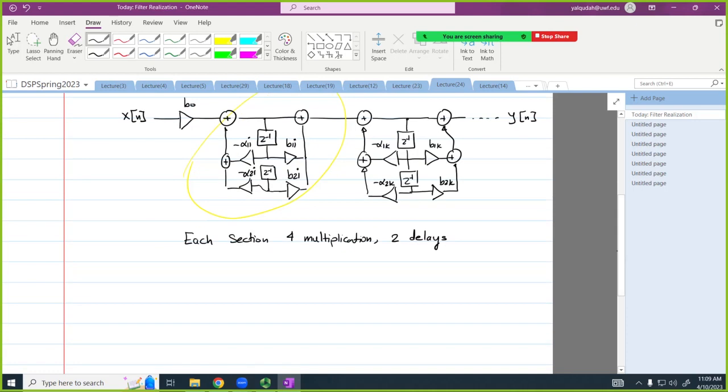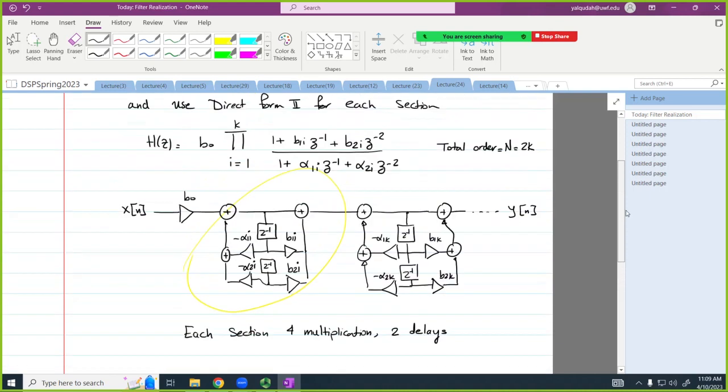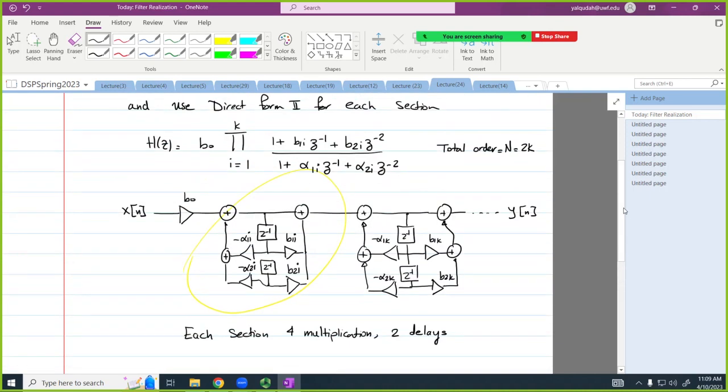Now also, if we have a first order section, so here, if the order of the filter is odd, we're going to have second order multiplied by second order multiplied by second order, then we're going to have one that is going to be an odd order. So if it is odd, we can use it with B2i and alpha 2i equal to 0.